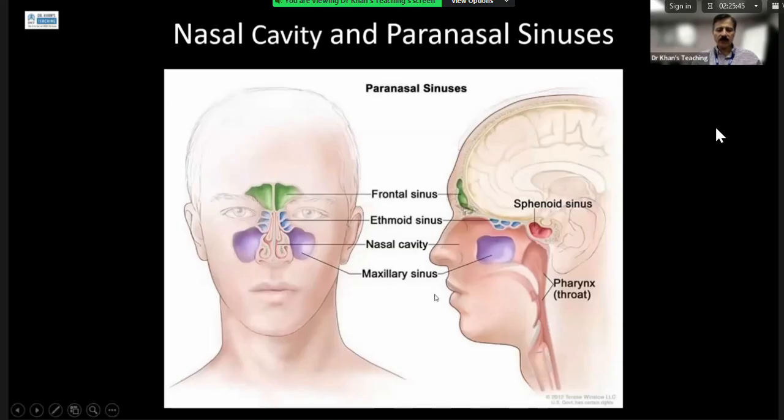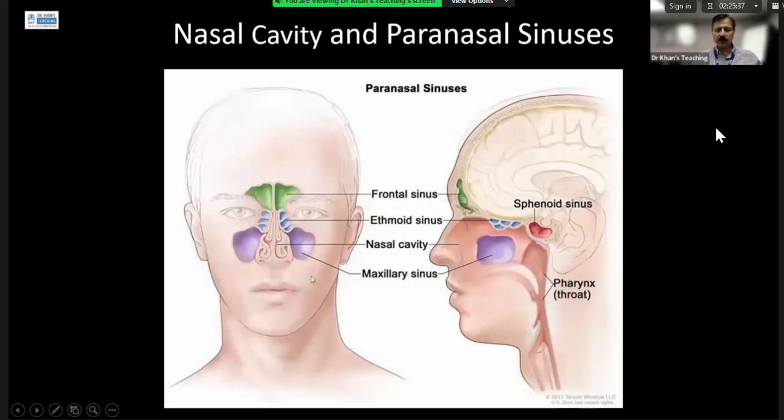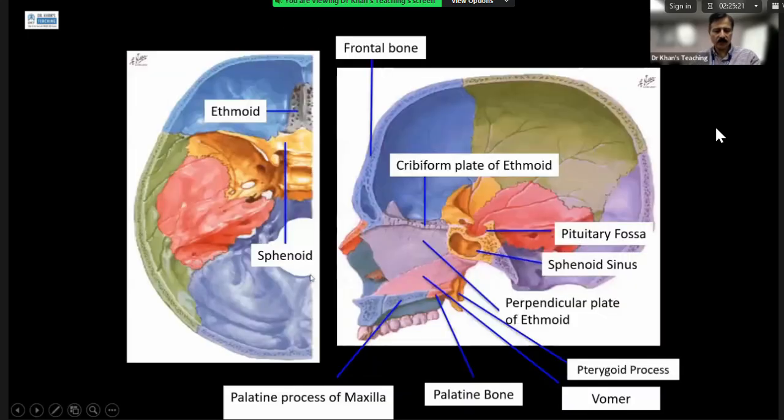And from there, it goes into the nasopharynx, and we just swallow it. So if the drainage pathway is blocked, then you can get sinusitis. Of course, there is other etiology also. But the main thing here is to learn the anatomy of the drainage pathway.